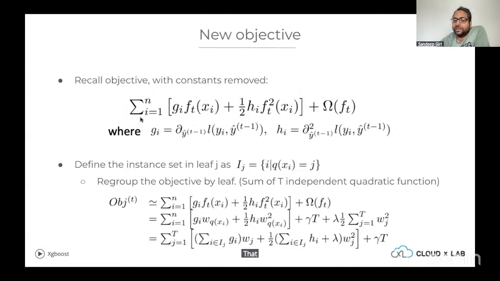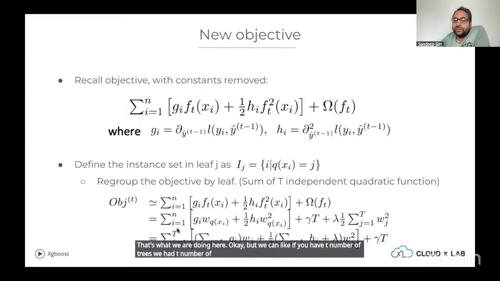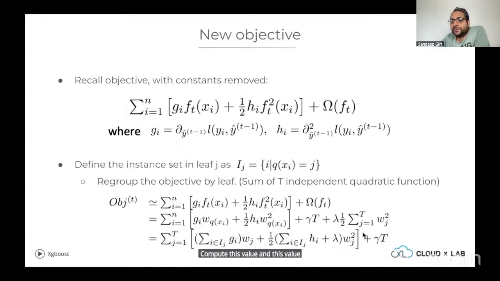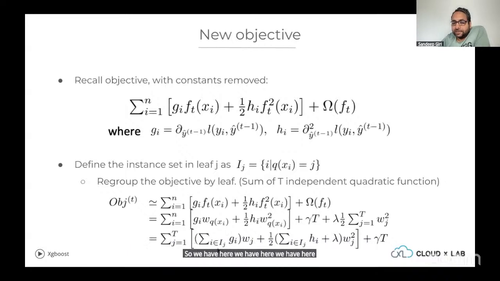But if we had t number of trees, we can sum up this value for each tree. Compute this value and this value for each tree, and then add it. Since we did this, this part went inside. So we have the summation of G_i and the summation of H plus lambda, and this.